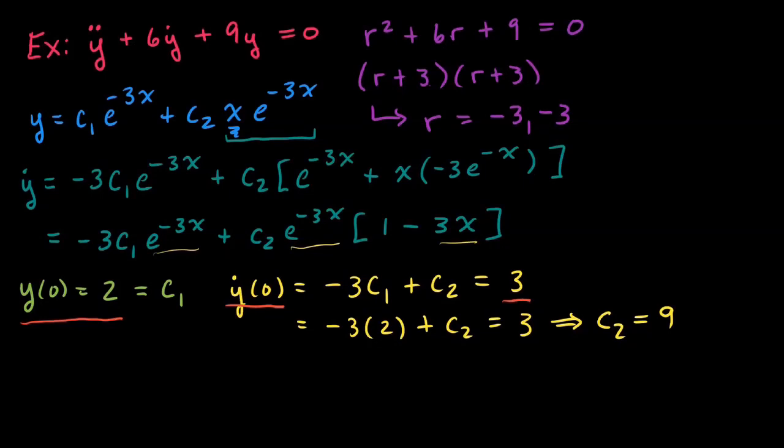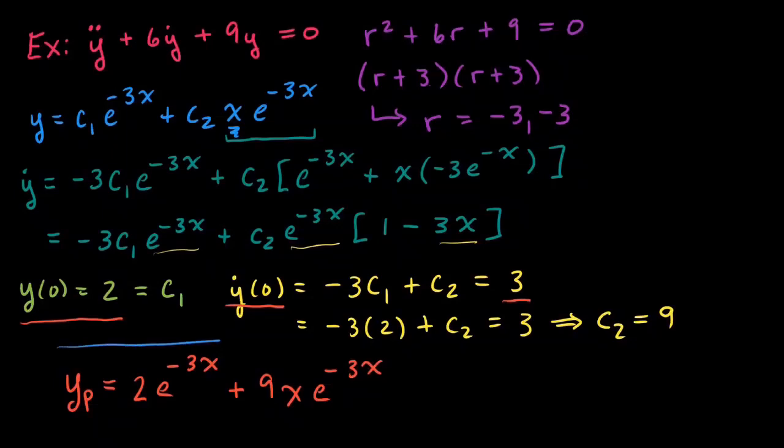So the particular solution under those conditions is yp, we'll say for the particular solution, equals, c1 is 2, so we'd have 2e to the minus 3x, plus 9x e to the minus 3x. All right, so that is going to be the particular solution to the given differential equation with the given initial conditions.